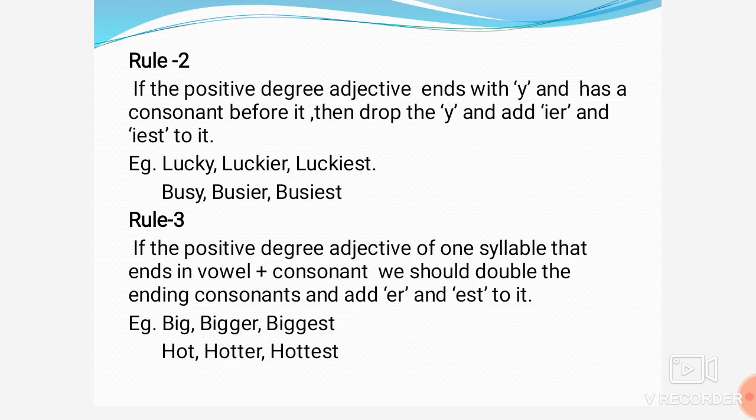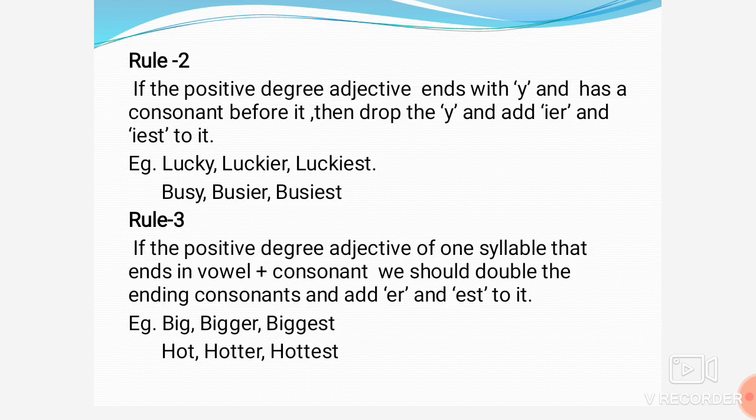This means the positive degree adjective word ends with the letter Y. For example, lucky, L-U-C-K-Y. It ends with the letter Y, and it's got a consonant before that. K. K is a consonant.